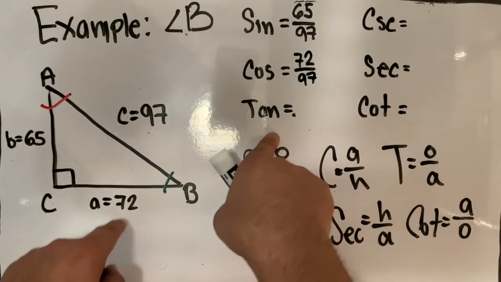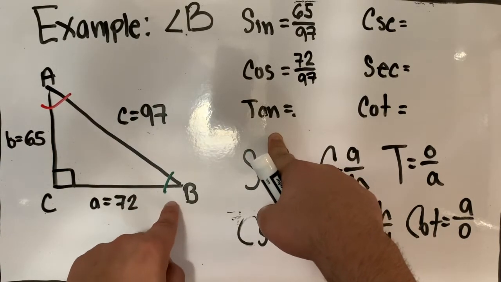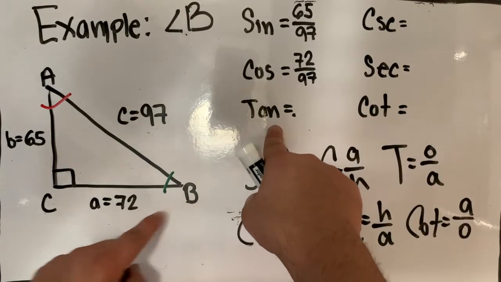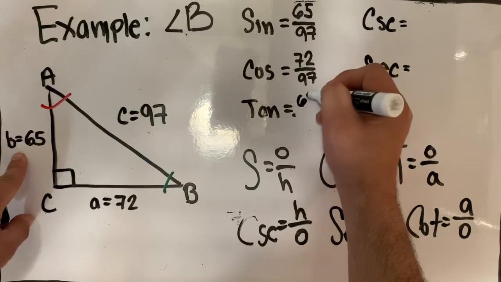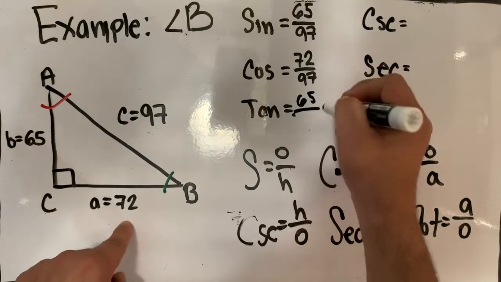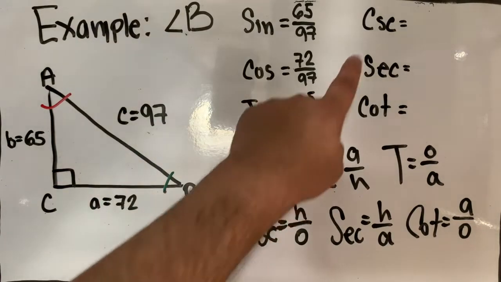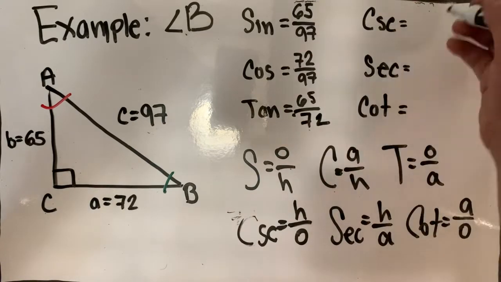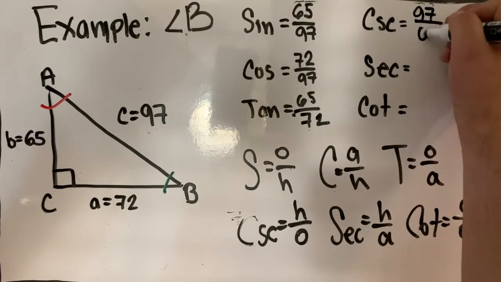Now let's start with tangent. For tangent, in this angle B, it is opposite over adjacent. That is going to be 65 over adjacent, that is going to be 72. Okay? Now let's do these ones. Cosecant. The cosecant is the opposite of sine, so we're going to write 97 over 65.